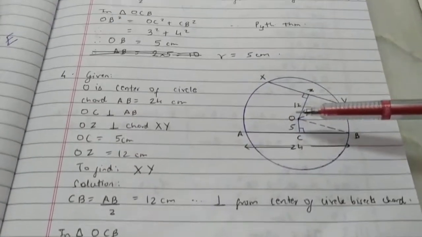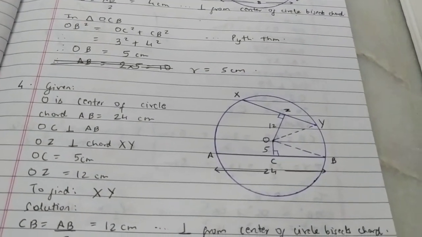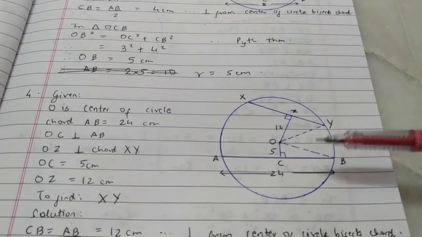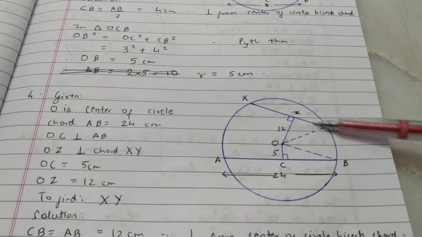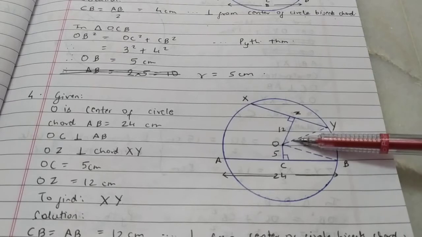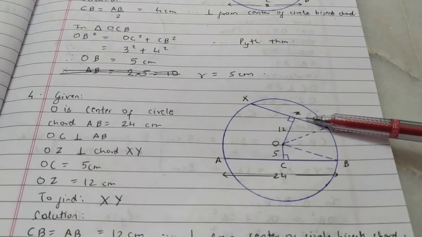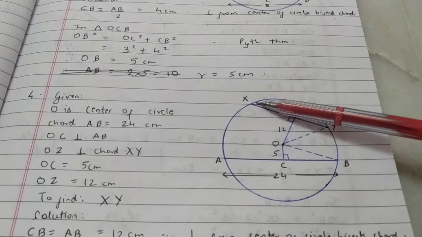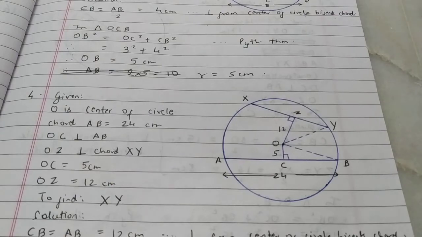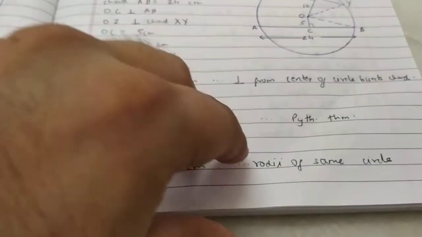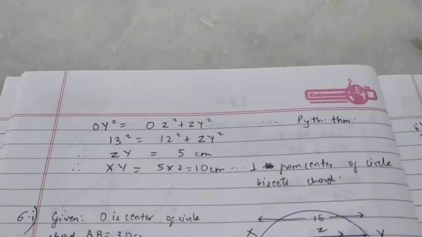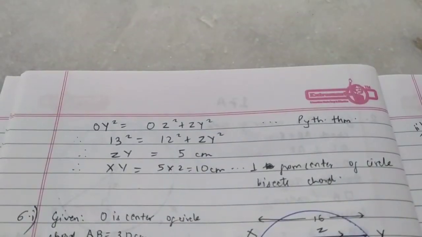That means even OY will be 13 centimeters, is the radius of the same circle. So again use Pythagoras theorem in triangle OZY to find ZY. So 12, 13, so I guess ZY will be 5, but you'll have to show the calculations. And how much will be XY? Double of 5, that is 10 centimeters. Why? Again, the reason is perpendicular from the center of the circle bisects the chord.